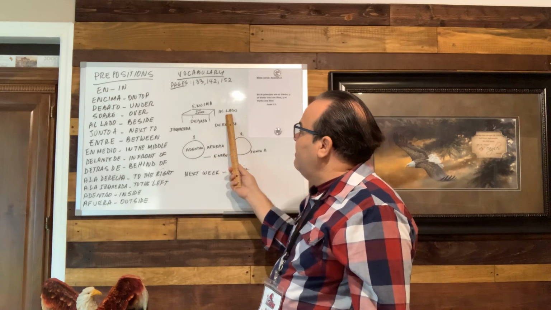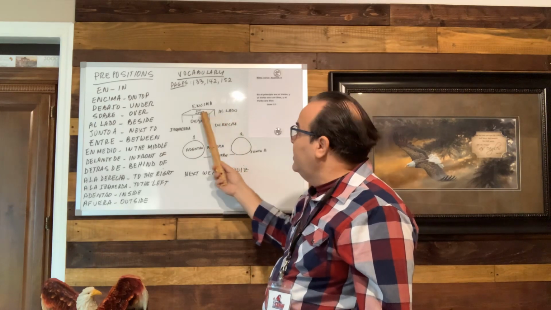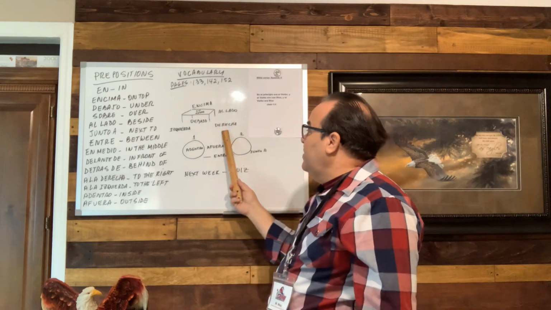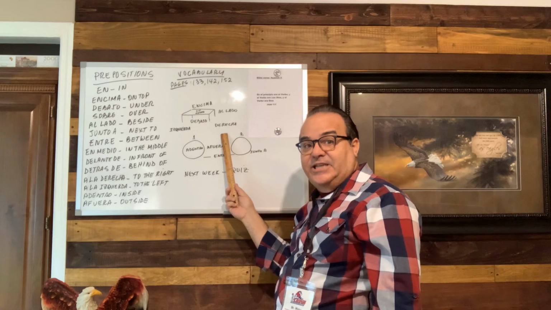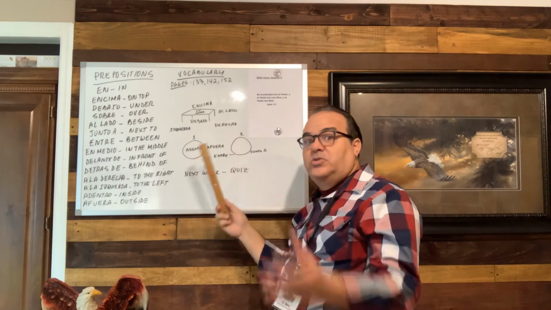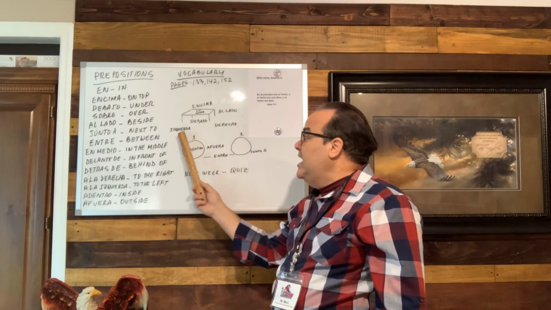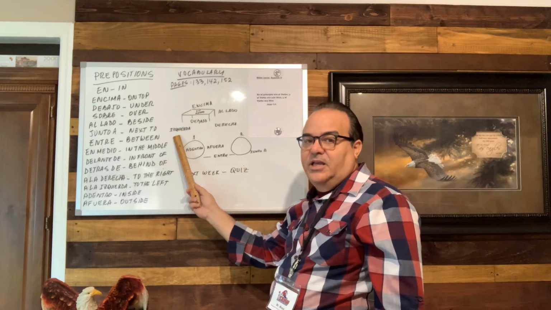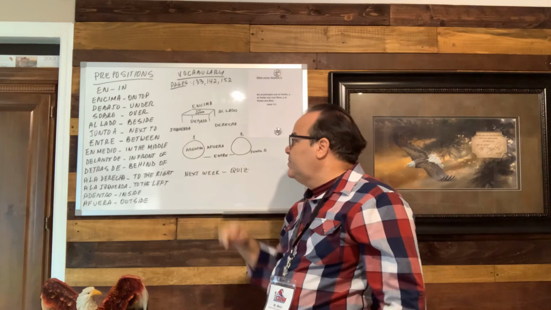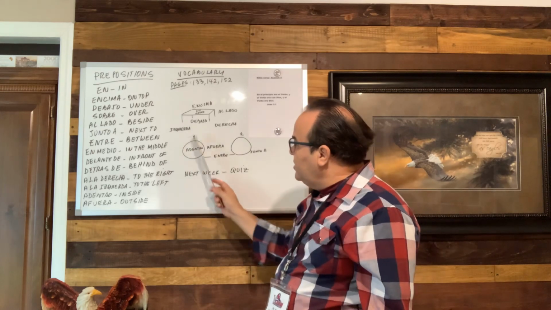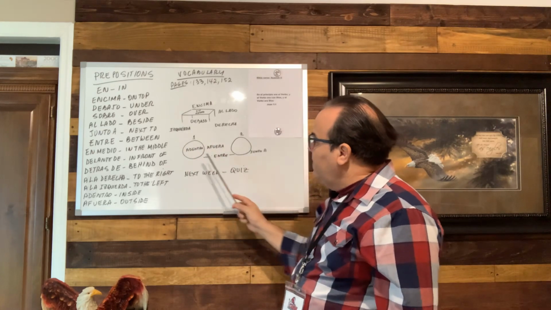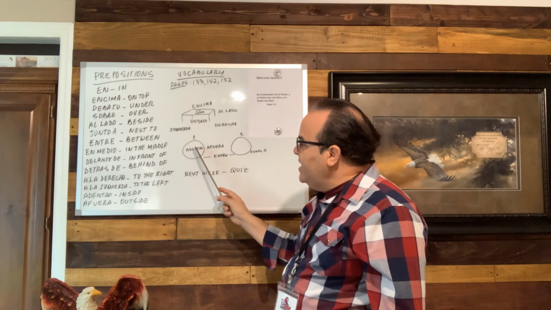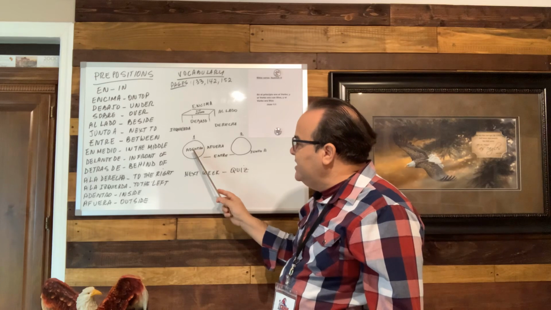Al lado de la mesa, that means beside the table. Then we have derecha. A la derecha de la mesa, that means to the right of the table. A la izquierda de la mesa, that means to the left of the table. For example, I give you circle number 1 and circle number 2, and then inside, adentro, that means inside.